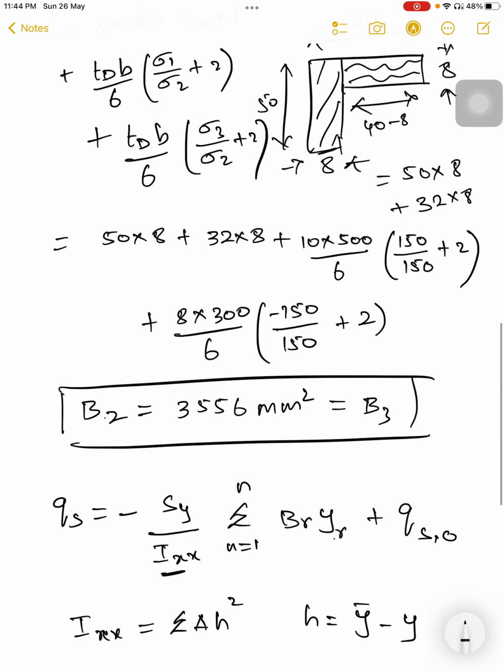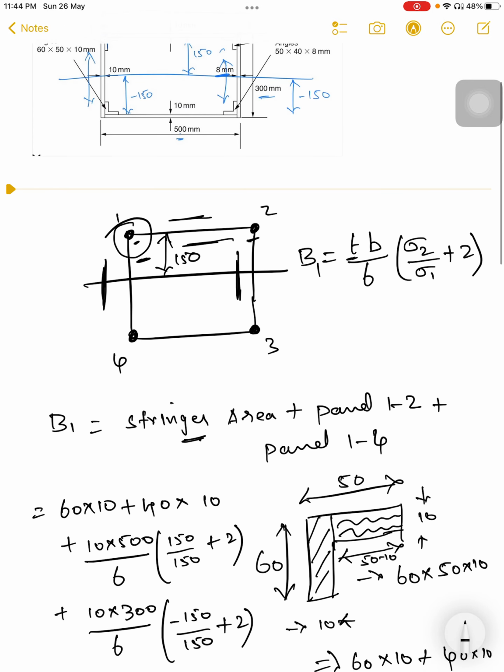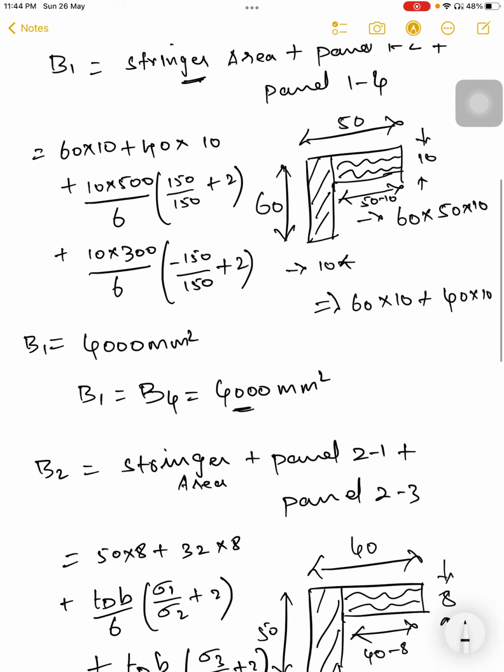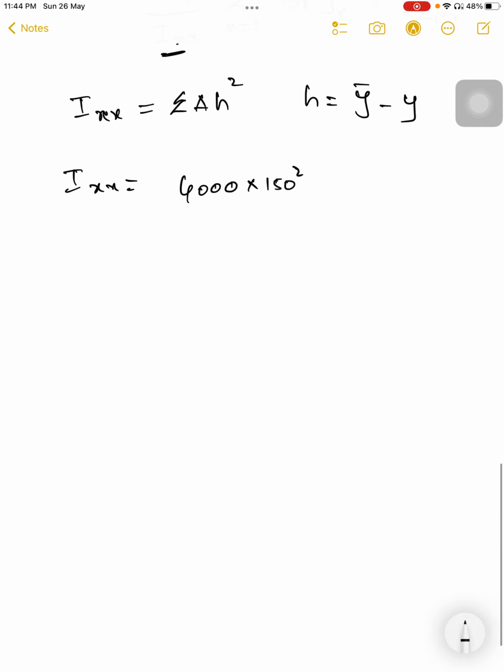square. So here B1 and B4 are symmetric, so I can multiply by 2. Similarly for B2, the area is 3556, which we have found earlier, into distance is same 150 square, and it is symmetric, so B2 and B3 are equal, so I will multiply by 2.